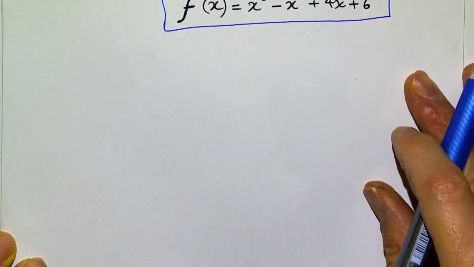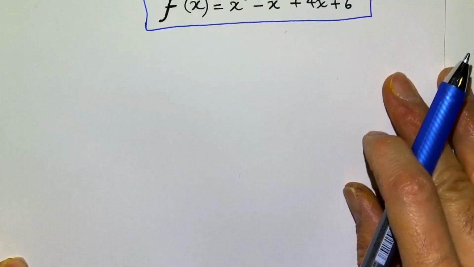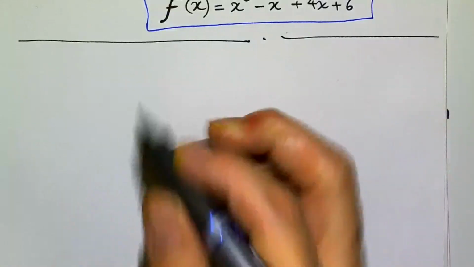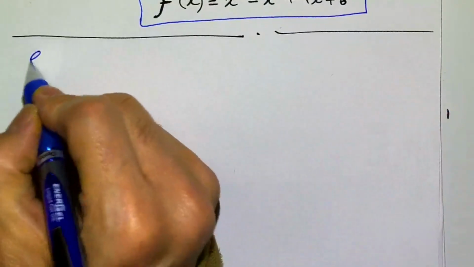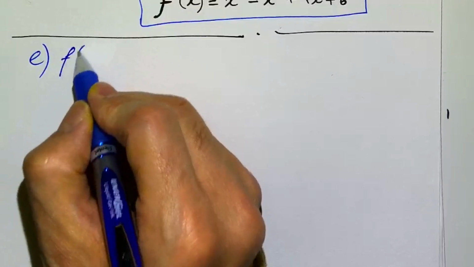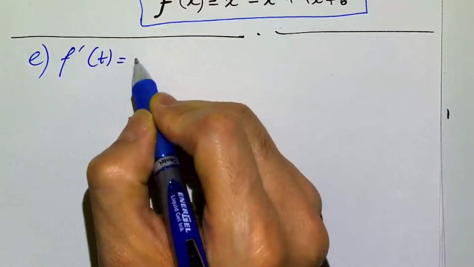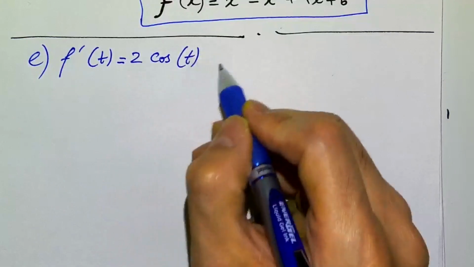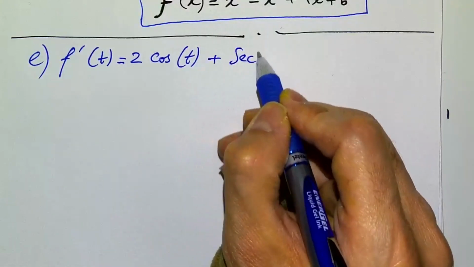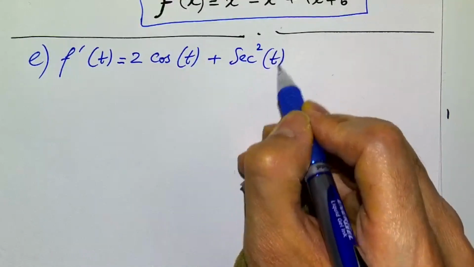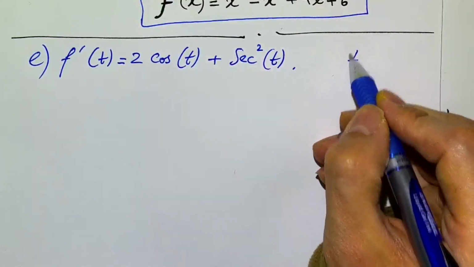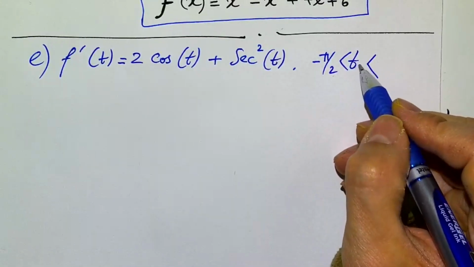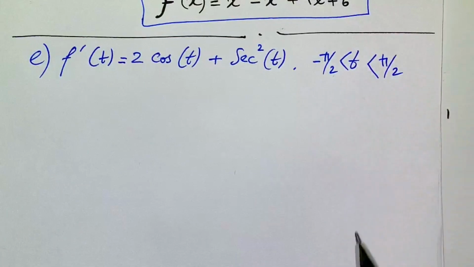Let's do another one of these. This one will be a trigonometric one. So f prime of t is equal to 2 cosine of t plus secant squared t, and t between minus pi over 2 and pi over 2.